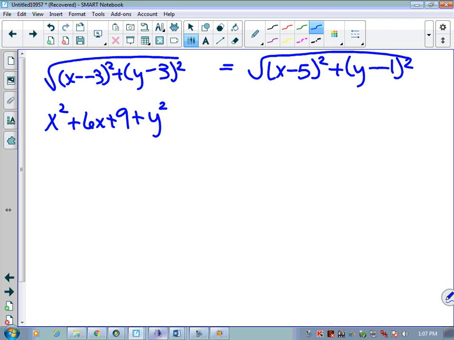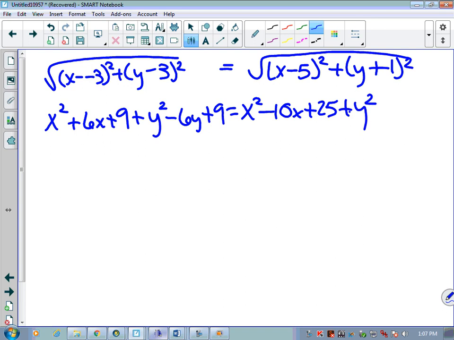So y squared minus 6y plus 9. Coming over to this side, that wasn't a -5, so we're good there. So we got x squared minus 10x plus 25 plus y squared. This is coming out as a positive because I've got two negatives. So I have plus 2y plus 1.